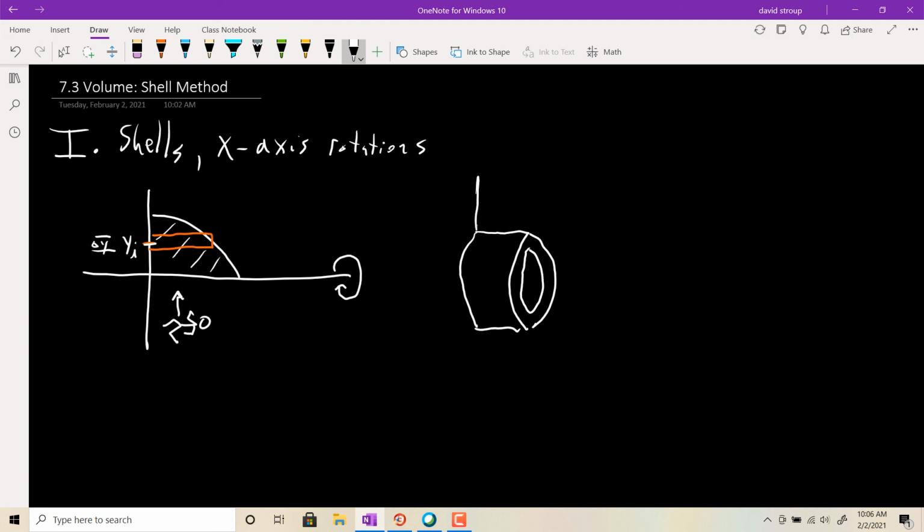And here are our axes from before. It's in three dimensions, so you put in another axis there. The original rectangle, where did it go? It's sitting right here.